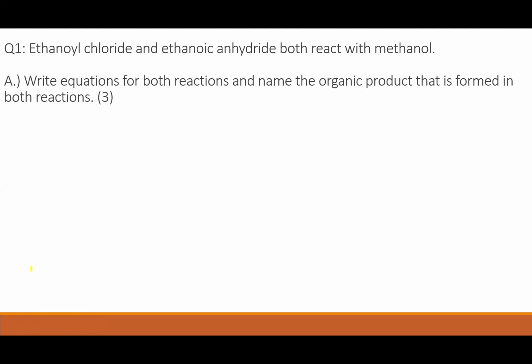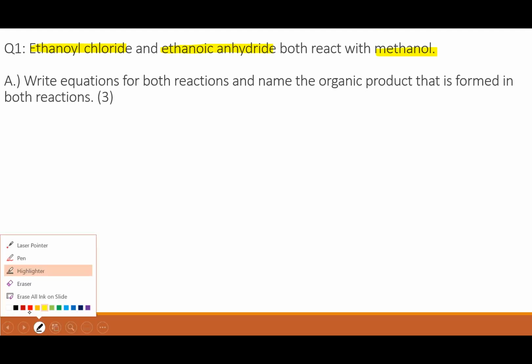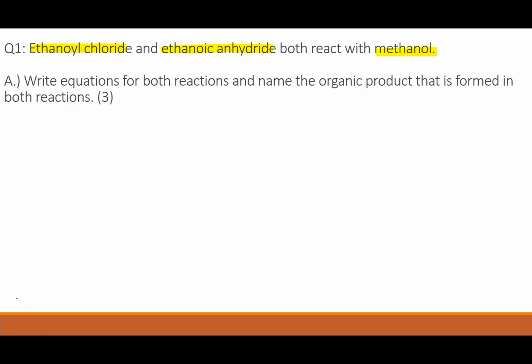Straight away, if you saw a question like this, you know we're looking at an acyl chloride, and ethanoic anhydride both react with methanol. So I would pick this up straight away and go, okay, I've got ethanoyl chloride, ethanoic anhydride, and they're both reacting with methanol. And I might even make a note above each one just for my own mind, just so I know what's going on.